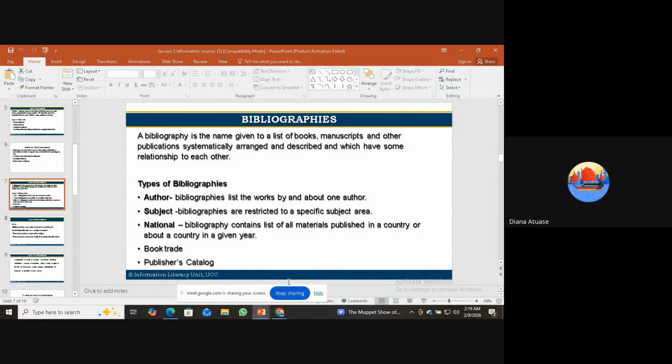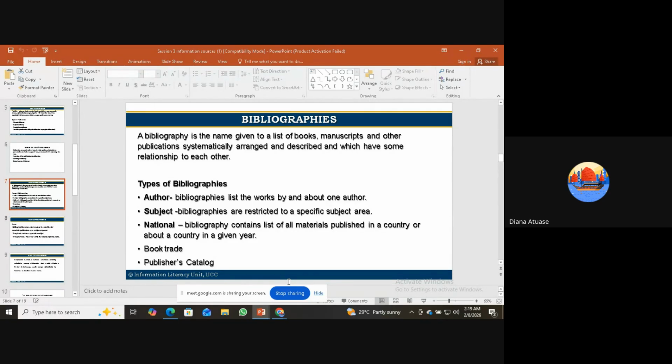And when I was explaining the national bibliography, I said it is a list of all books that are published in Ghana and about Ghana. So they compile it, a compilation of books by authors. So let's say you, Sandra, you have written about 20 books, and want to know the books that you have written. We'll consult the bibliography. The bibliography will give us your name, and it's arranged alphabetically.